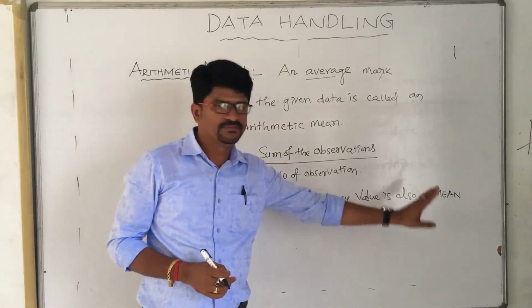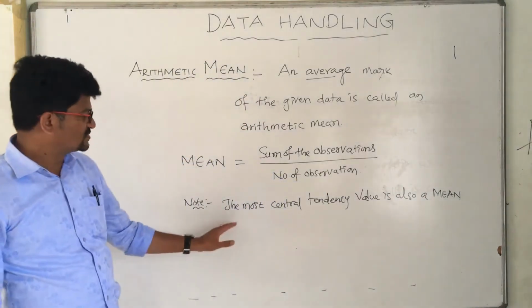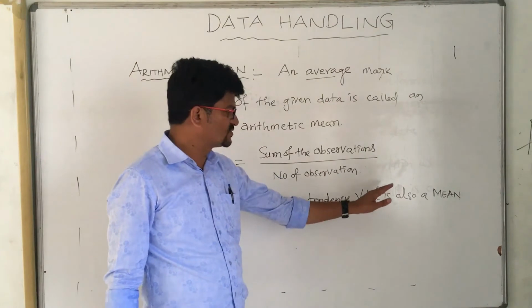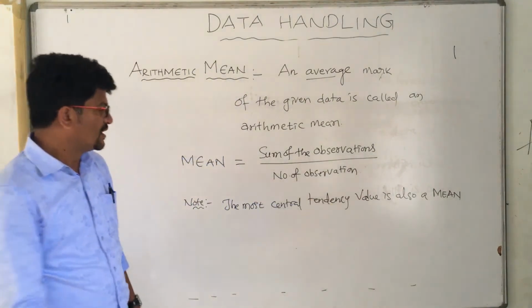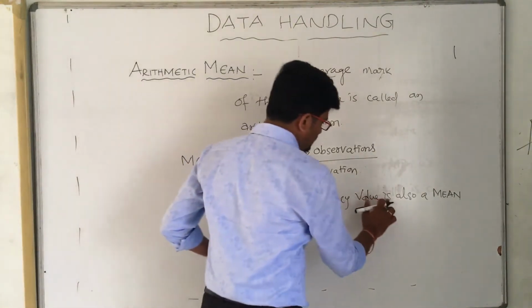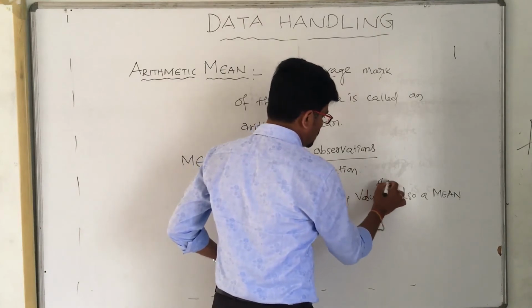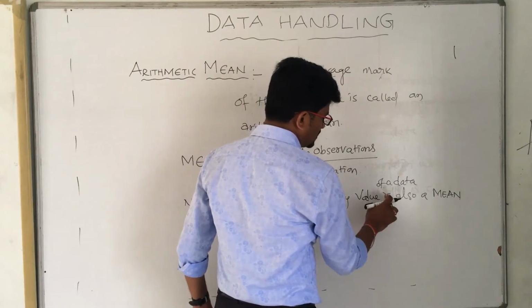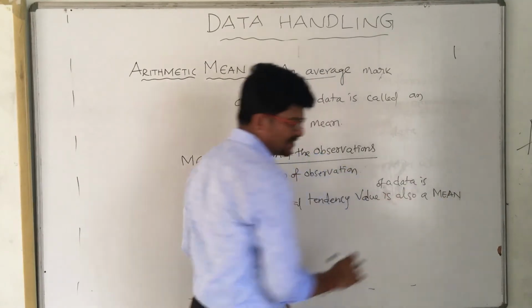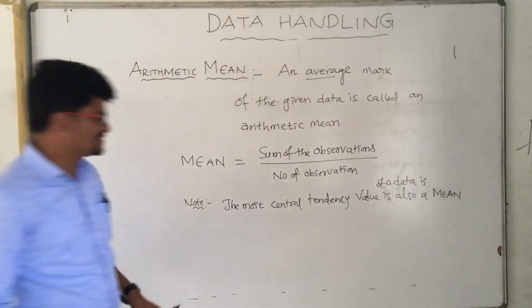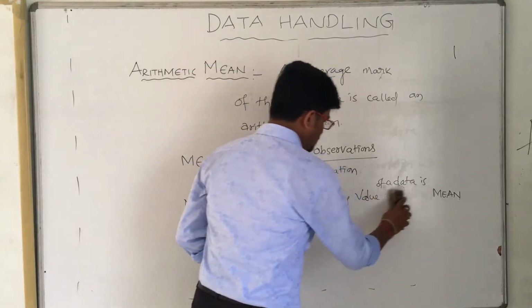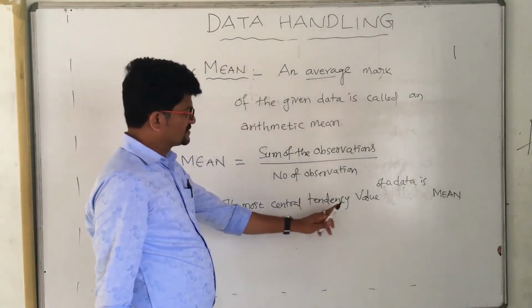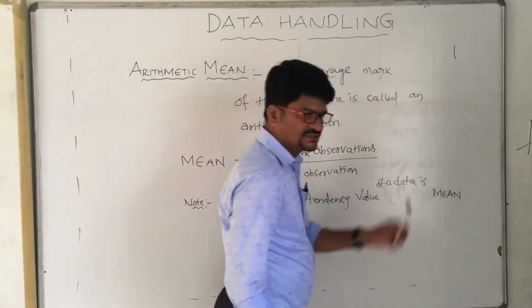The most central tendency value of a data is mean. Like that you can correct it.